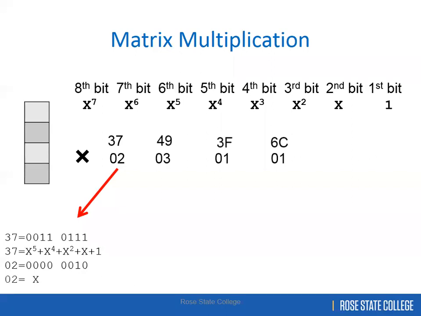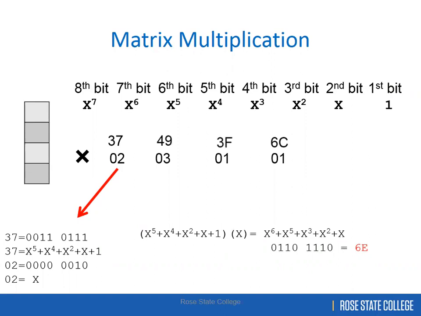Now what we need to do is multiply them. So you take the 37, which is x to the 5th, x to the 4th, x squared, x and 1, times x. What that does is it increases each exponent by 1. So x to the 5th becomes x to the 6th. X to the 4th becomes x to the 5th. X squared becomes x to the 3rd. X becomes x squared, and 1 becomes x. Easy enough? That's how we multiply. Then you convert it back to binary and hex.